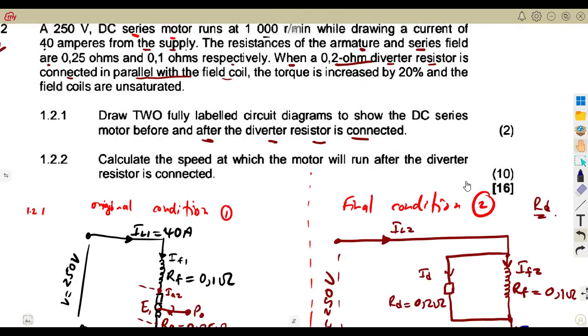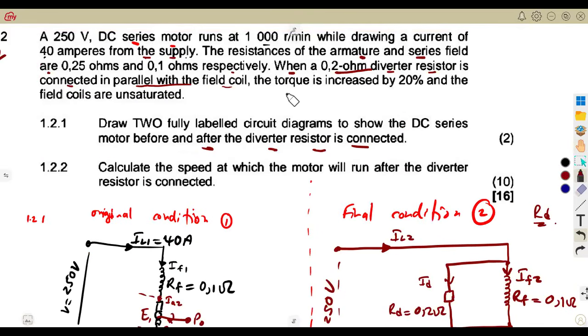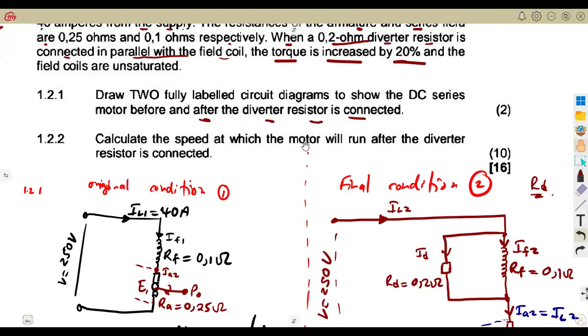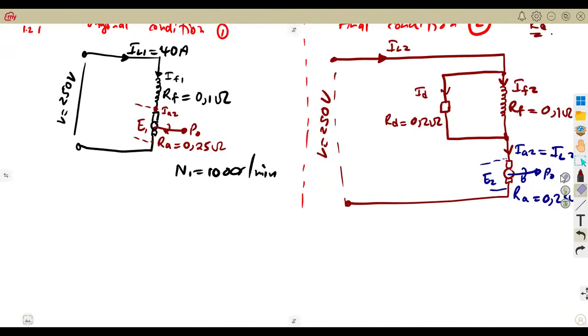And they are saying the torque is increased by 20% and the coils are unsaturated. So if the torque is being increased by 20%, what is the effect? T2 is equal to, for an increase, you have to add to 100%.